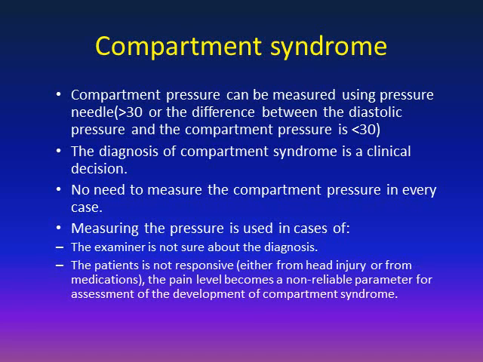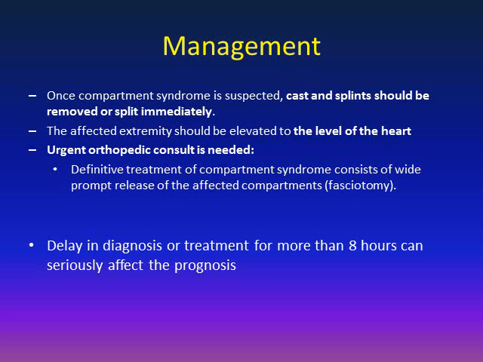Or if the compartment pressure is 28 and this child is shocked, his diastolic is only, for example, 50, the difference between 50 and 28 is 22, so this is less than 30, and this is also an indication of compartment syndrome.